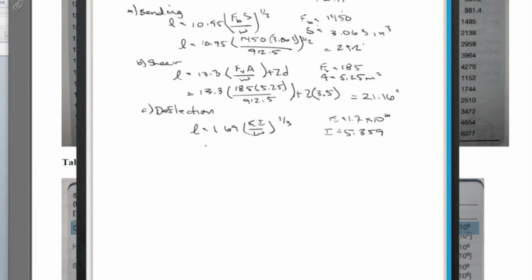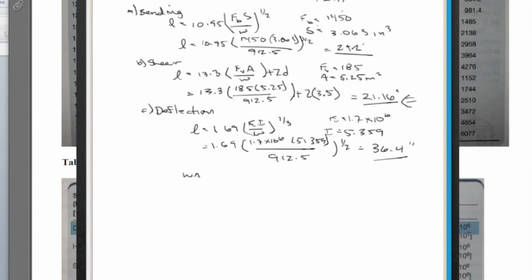And we get 1.69, 1.7 times 10 to the 6 times 5.359 divided by 912.5, all that to the 1/3. We get a spacing of 36.4. So looking at this, we've got 24, 21, and 36, so our shear governs in this case. So we're going to use Wales at, we'll say, 18 inches.